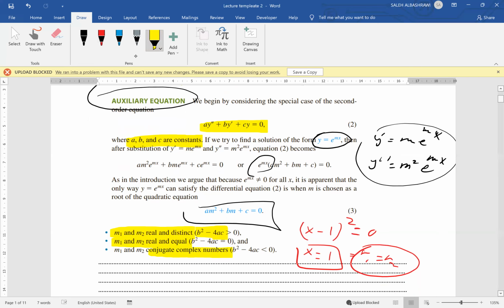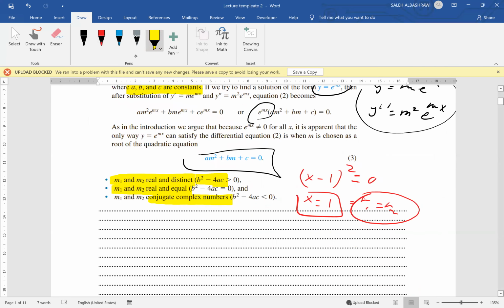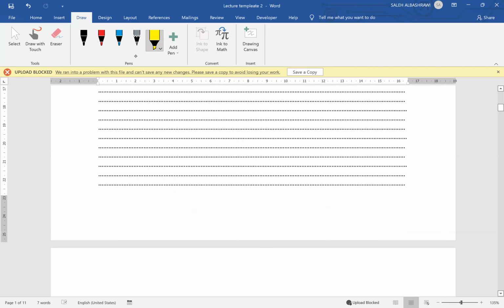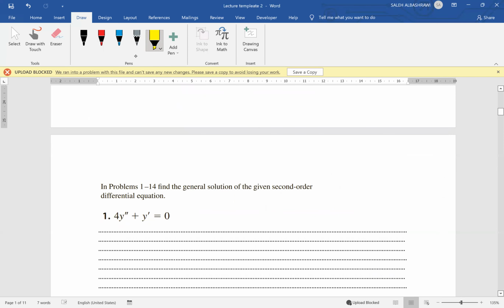Now let's have an example to explain how to find the general solution of the differential equation. Suppose that we are given this second order differential equation, and we need to find its general solution.